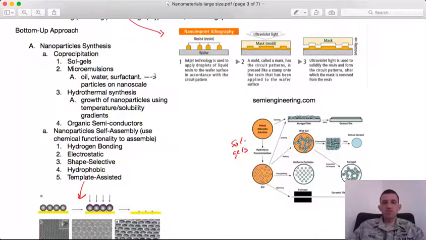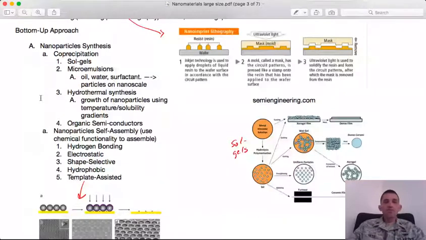So a surfactant is a molecule that has polar and nonpolar regions, so it bridges the gap between oil and water. Because you'd say, well, oil and water don't mix. Well, they do if you have a surfactant, because you can make a really small particle of oil that is stable in the water because the surfactant is at the interface. Anyway, if you can make the particles small enough, then they'll be on the nanoscale, so you can have this microemulsion.